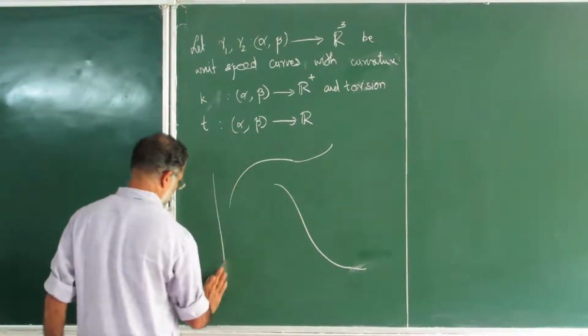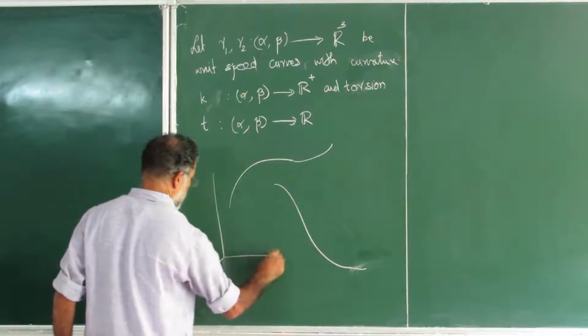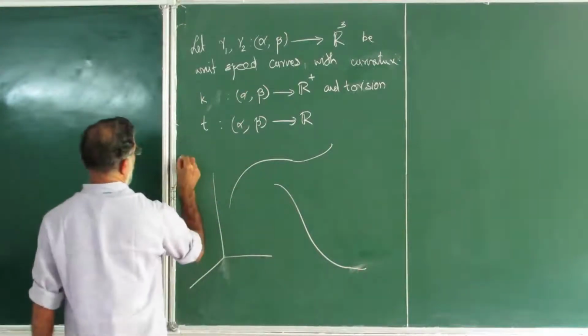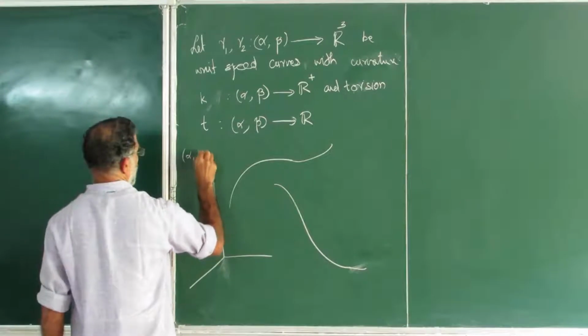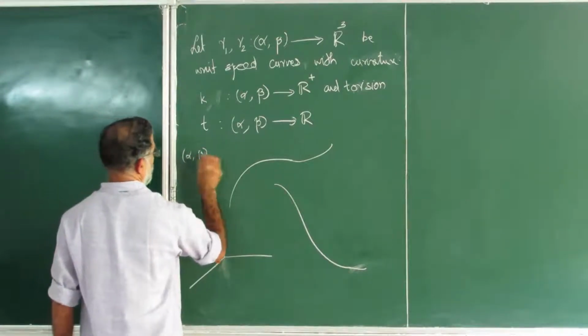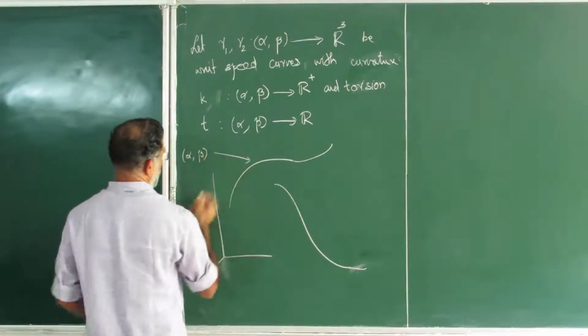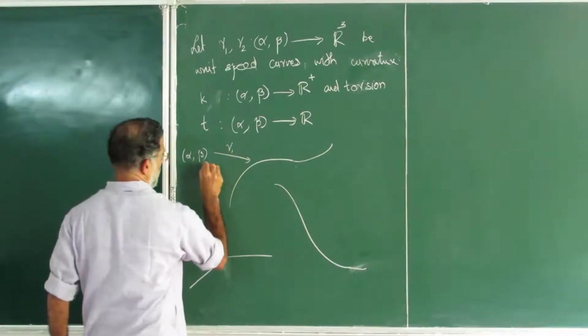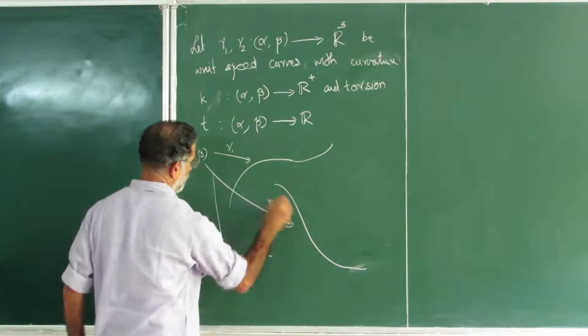So you have your alpha beta here, and you will have some parameterization, namely gamma 1 here, and this is gamma 2.